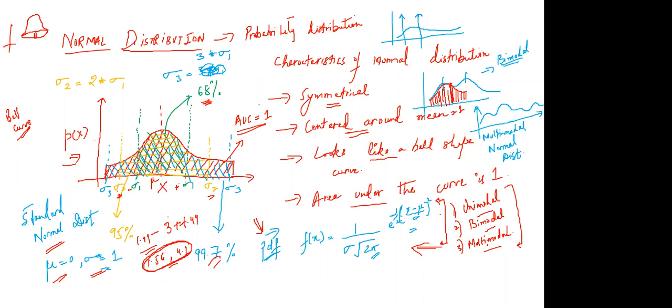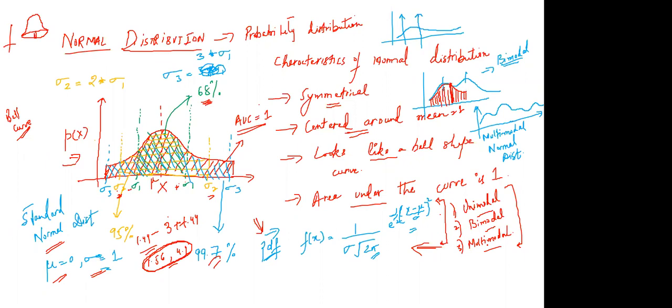Mean zero सिर्फ standard normal distribution curve का होगा. Right? So that is important. Standard normal distribution, not a normal distribution. A normal distribution है talking about the standard normal distribution. Zero नहीं है, but इसके ऊपर डिपेंड करता है.